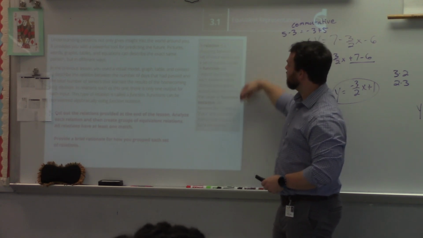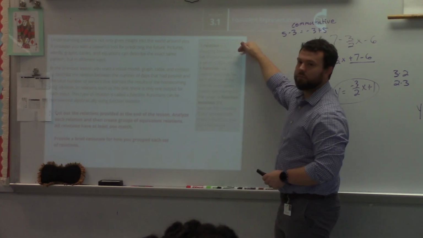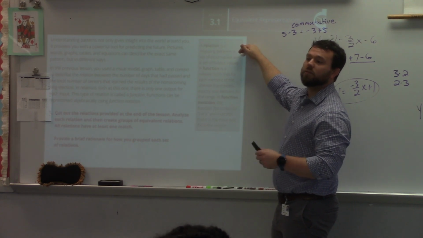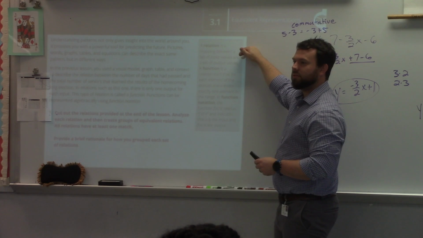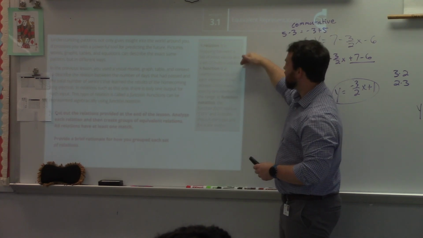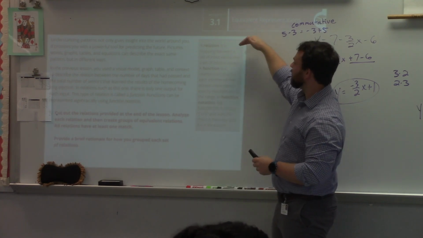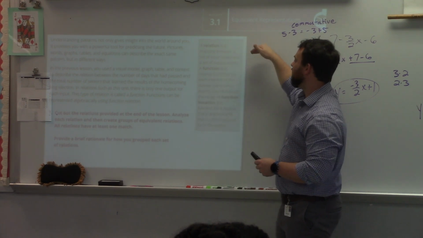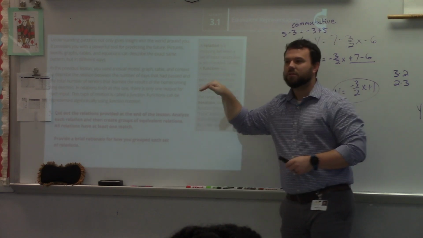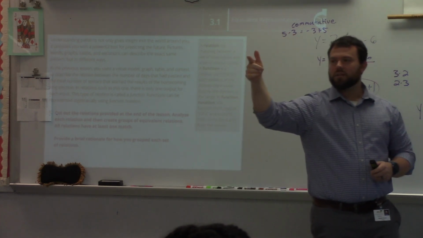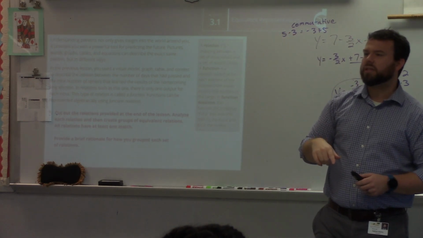What is a relation? A method, something that relates. So being specific and precise with our language, it's a mapping between a set of input values and a set of output values. Davian, how can I represent that mapping of inputs to outputs again?